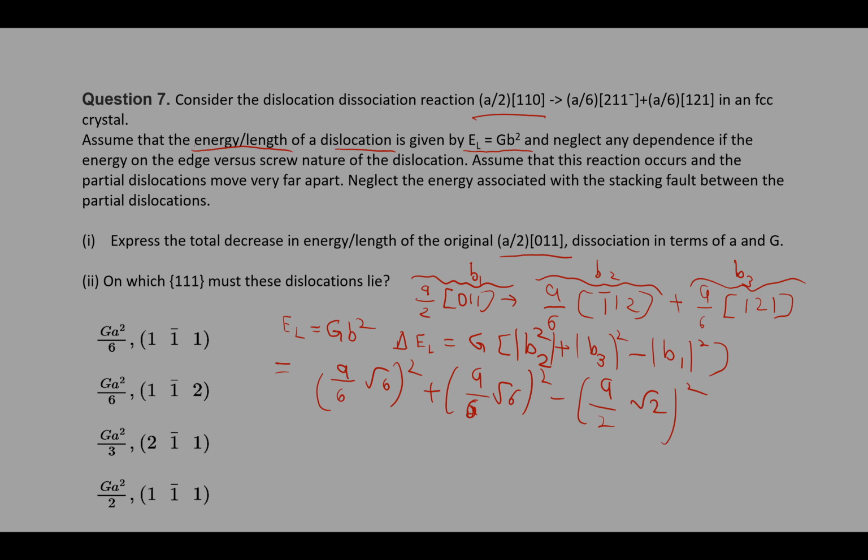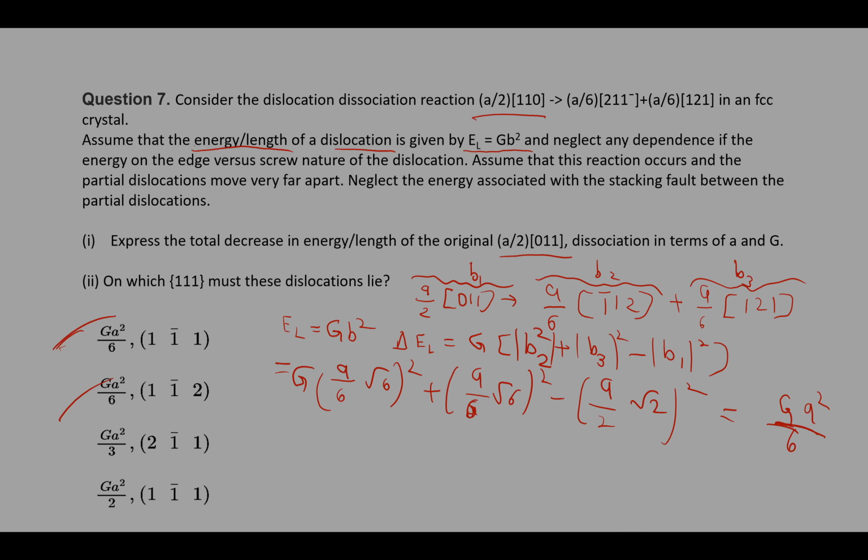And in the last you will get G into a square by 6. So there is one option, two option.